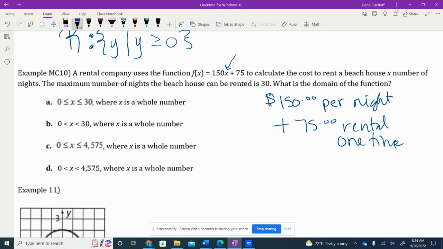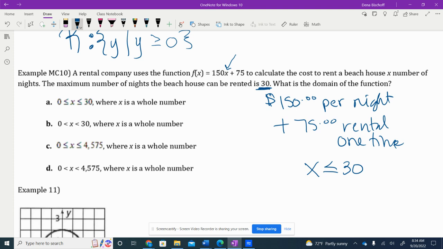It says that the maximum number of nights is 30, meaning that x cannot be bigger than 30. x has to be less than or equal to 30. What's the minimum number of nights? Zero, but would you rent it for 0 nights?